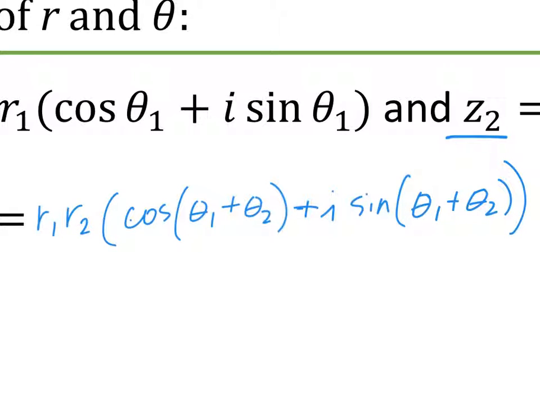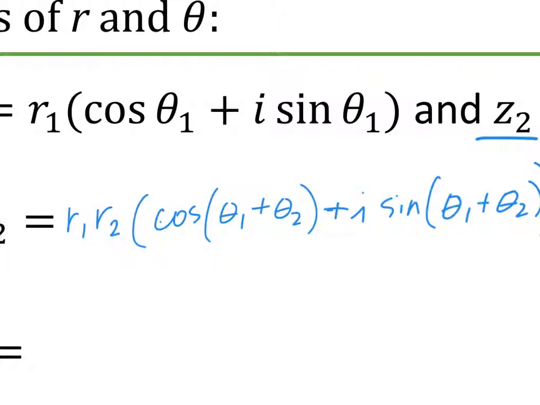Okay, again, if you are going to multiply two complex numbers together and both of them are in trigonometric form, you take the radii of both, multiply them together, and then add the two angles together, and you're still in trigonometric form. So let's go ahead and practice this first before we go to division.